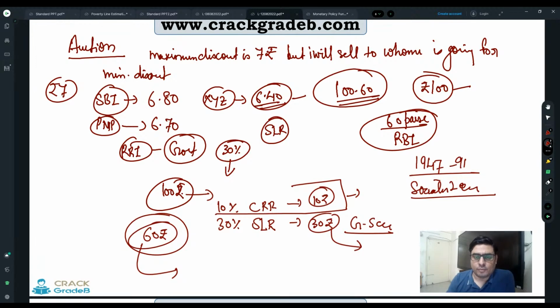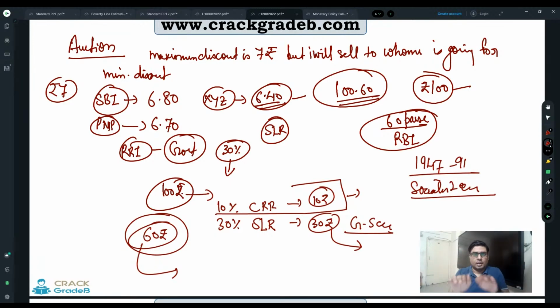Whenever RBI wants to increase or decrease the liquidity, please understand here, for whom? For the government with respect to the public and common man, public and banking system. On one side there is the government, on the other side whom? The private sector, banks and other financial institutions, the entire economy.